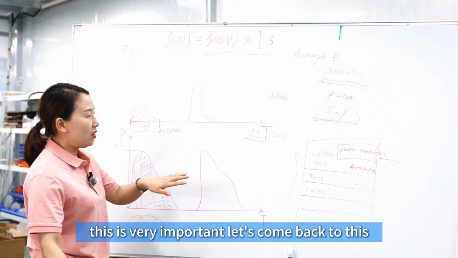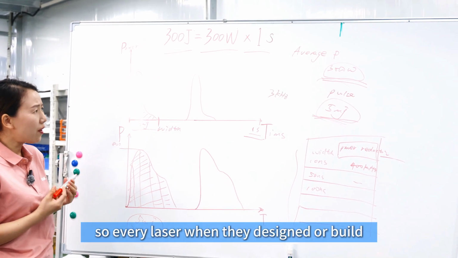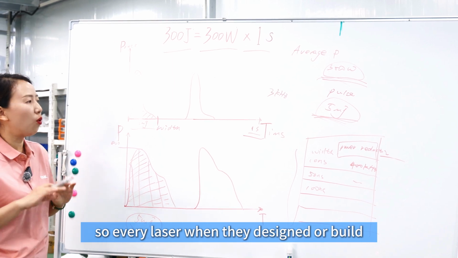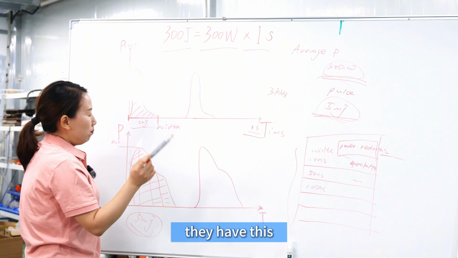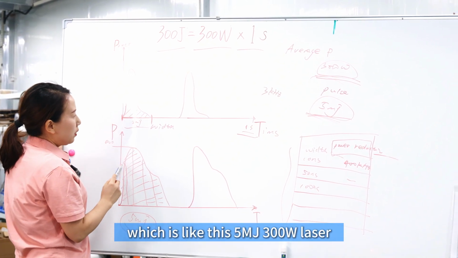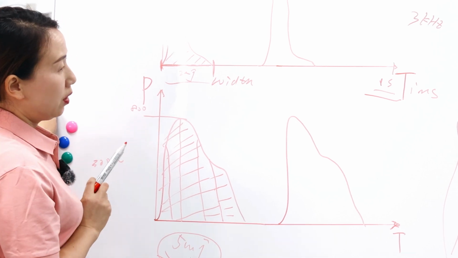So why is this very important? Let's come back to this. Every laser, when it is designed or built, has this. This is a 5 millijoule 300 watt laser.